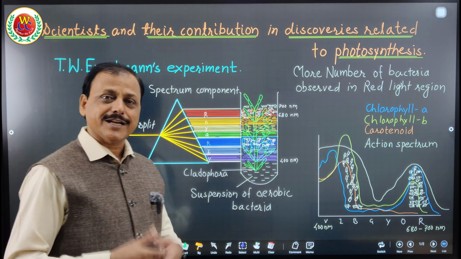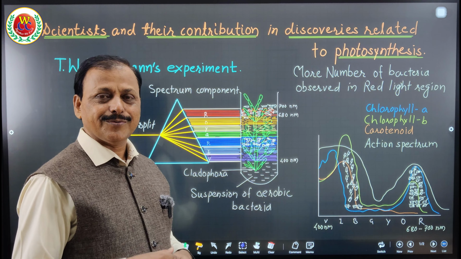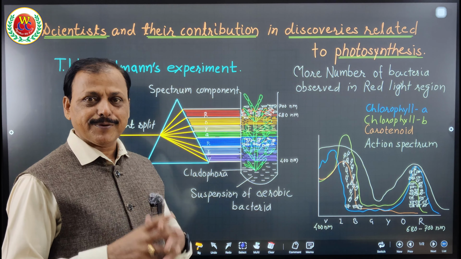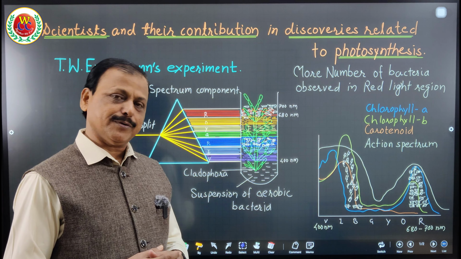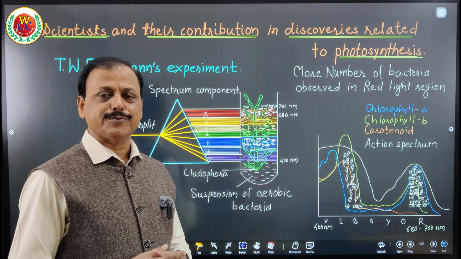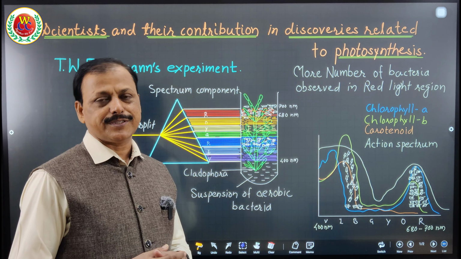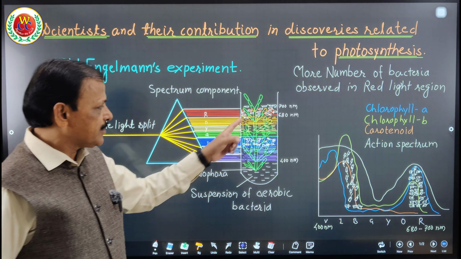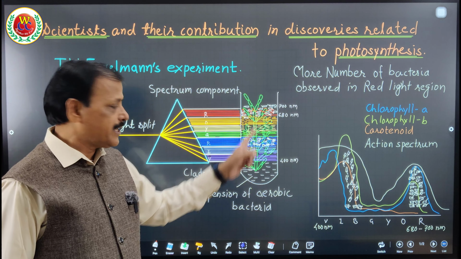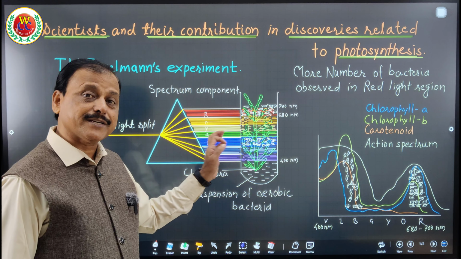Therefore a question is asked in examinations: which of the following types of light has the highest absorption and action for photosynthesis in plants? To explain this action spectrum through chlorophyll, he used this experiment and proved that there is a higher rate of photosynthesis in the region of red light and blue light.